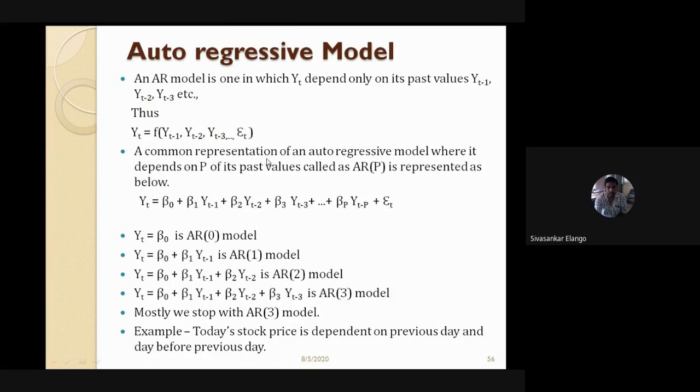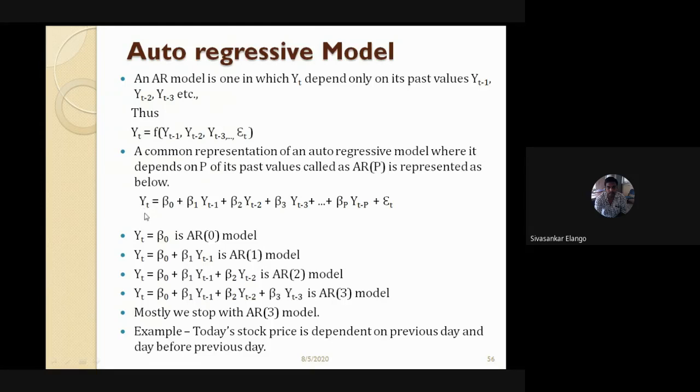A common representation is a model that depends on p of its past values, called AR(p). The p value is important to determine whether it is autoregression 0, 1, 2, 3 and so on.